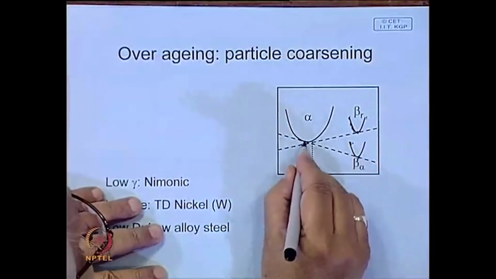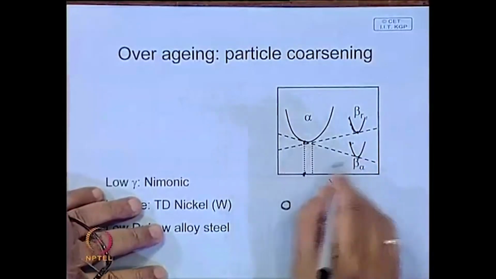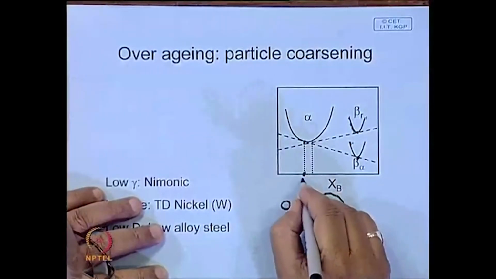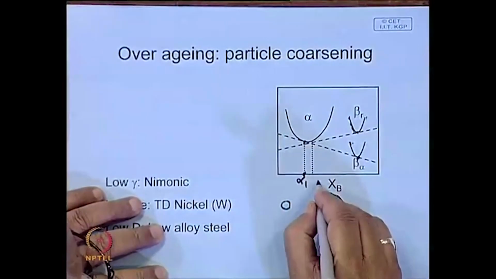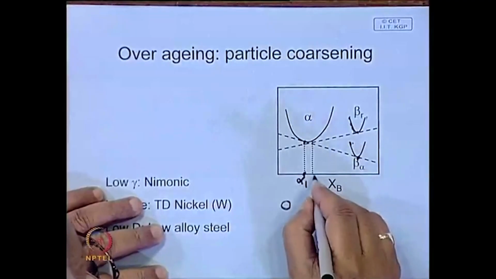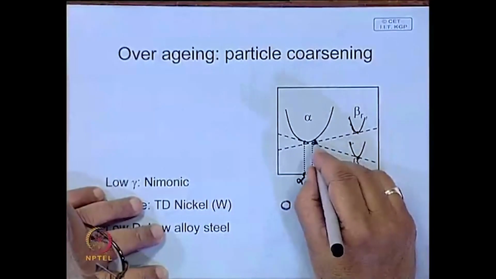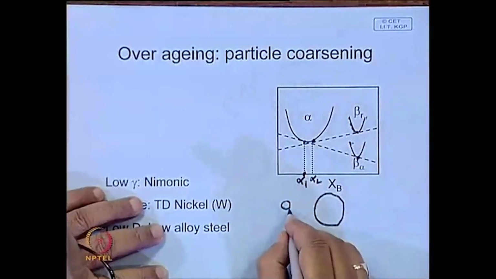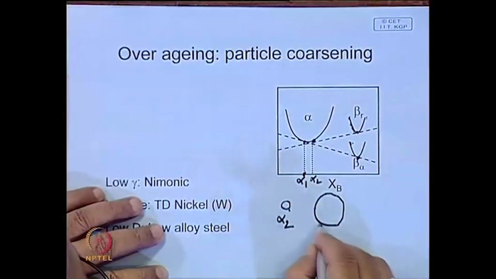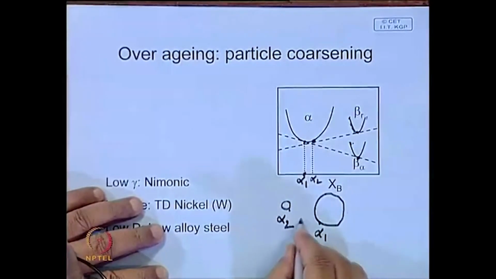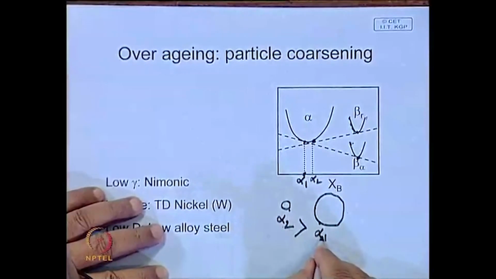Now, if you draw that, you can see this precipitate here, that concentration, say this is alpha 1 composition, and this is alpha 2. Here, for the smaller precipitate, the concentration is alpha 2, and here the concentration is alpha 1, and alpha 2 is greater than alpha 1.